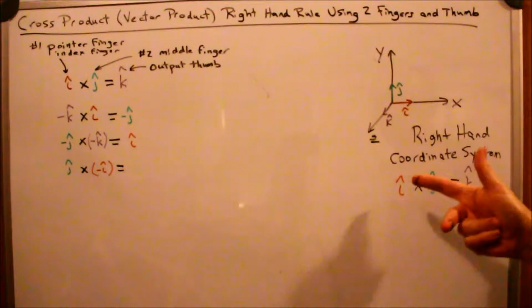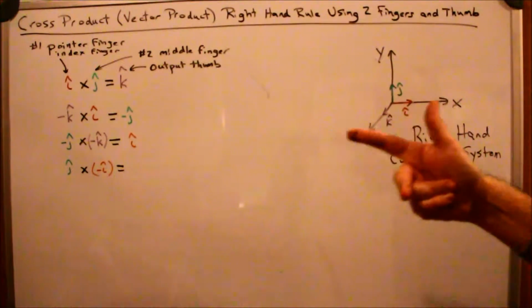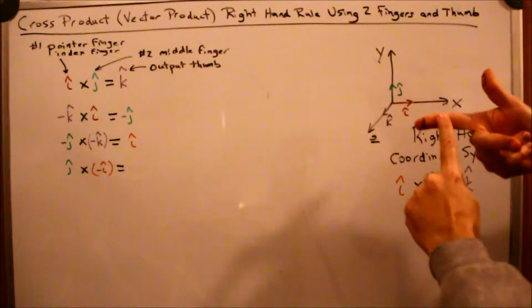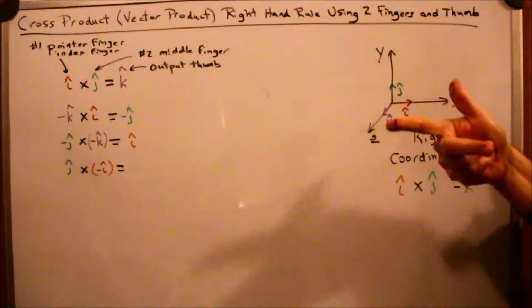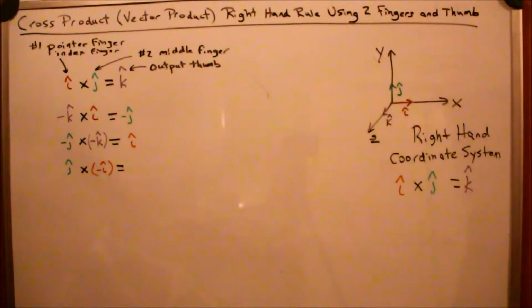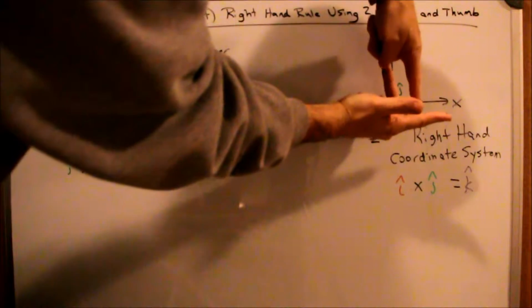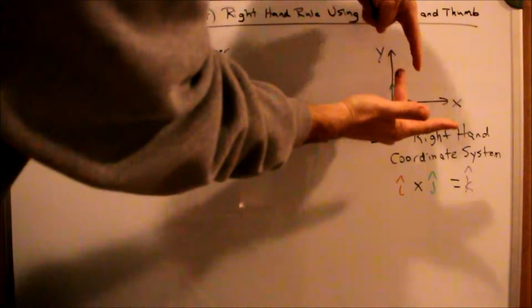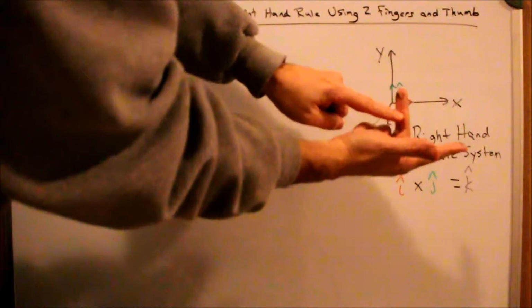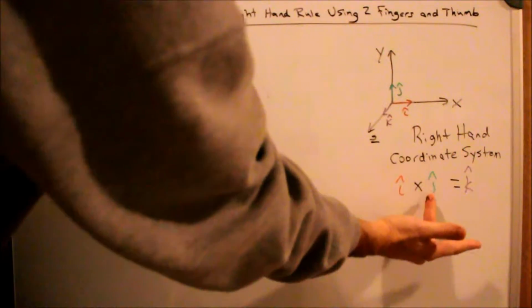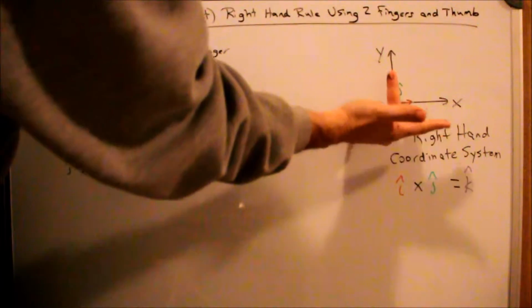So we'll try this out. For i hat cross j hat, you take the first term and have your finger point in that direction. I have to orient myself so that the first finger is pointing in the i hat direction. Then your middle finger points in the direction of whatever the second term says, which is j hat.